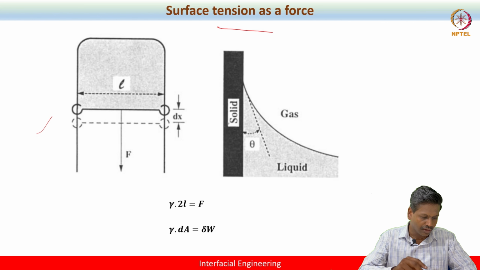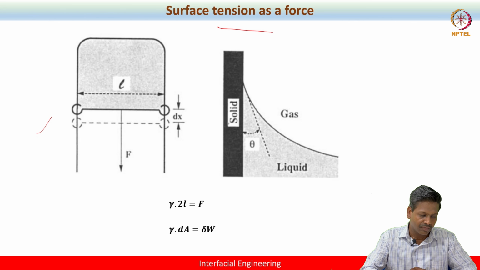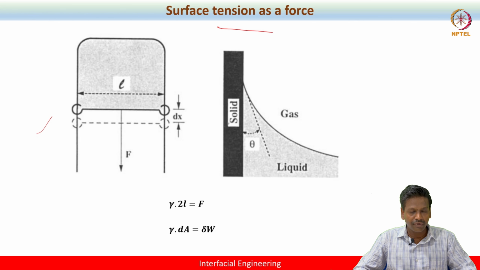So here, the insight that we get from this schematic is how surface tension works. Surface tension, as I told earlier in the previous lecture, is the work done by the system due to surface tension. So let's say we have a container which is filled with water. In this case, for brevity, this container is shown upside down.